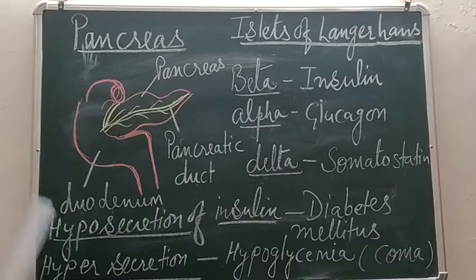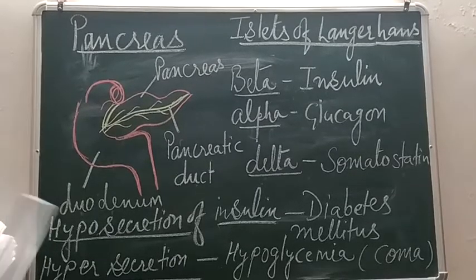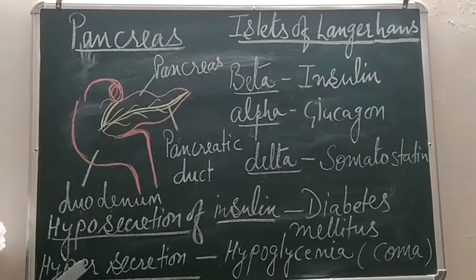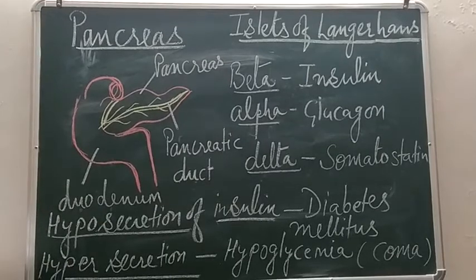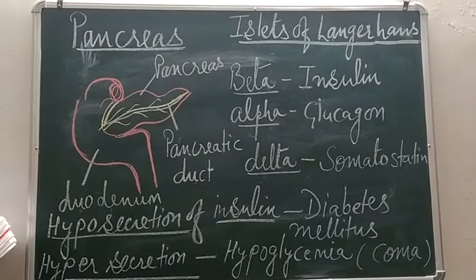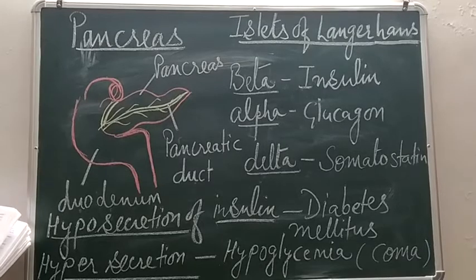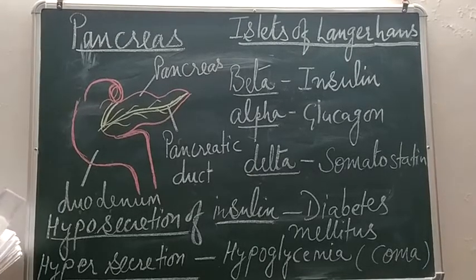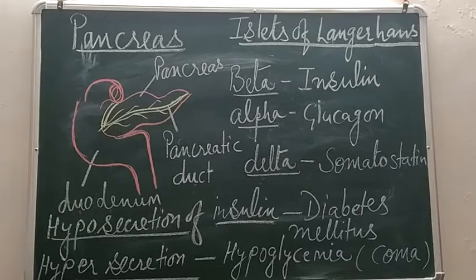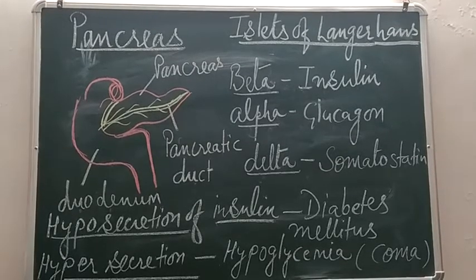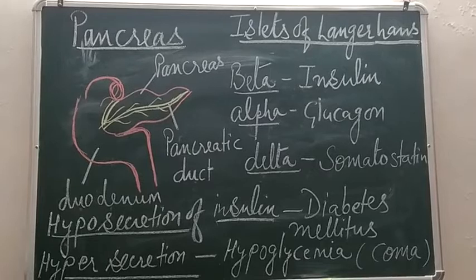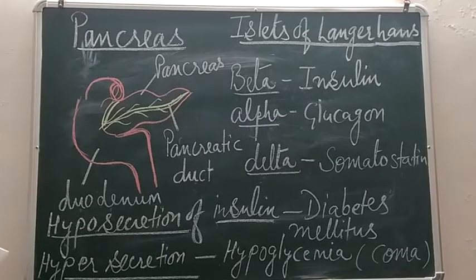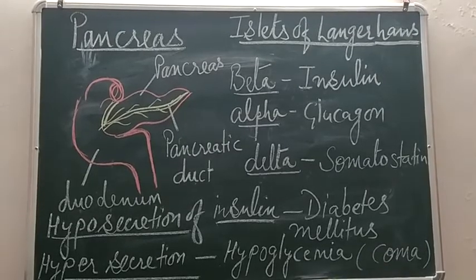Now, what is the function of insulin hormone? This insulin hormone, which is secreted by beta cells of islets of Langerhans, promotes glucose utilization by the body. That means when we eat food, carbohydrates are digested and converted into simple sugar or glucose.